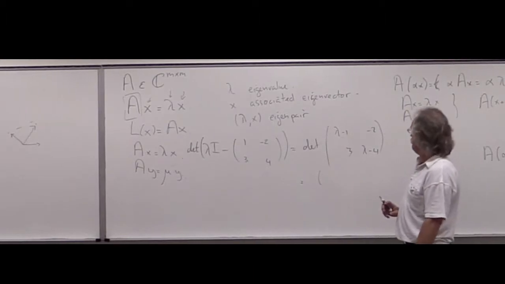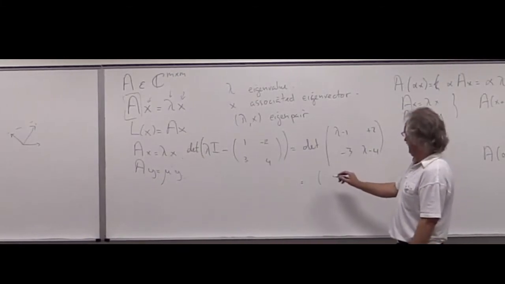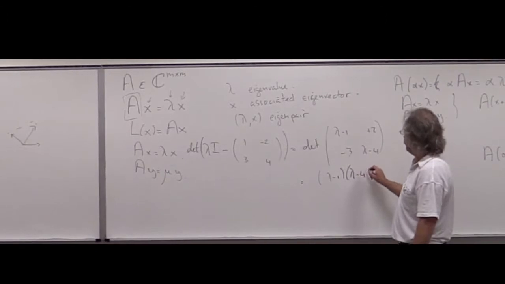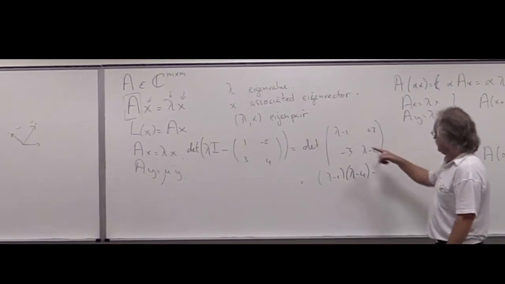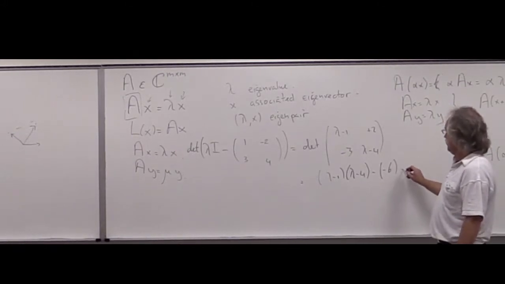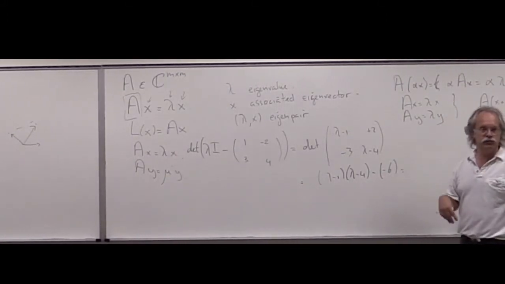Your non-diagonal must be negative. Oh, yeah, thank you. And what you get is lambda minus 1 times lambda minus 4 minus this times that, which is minus 6.